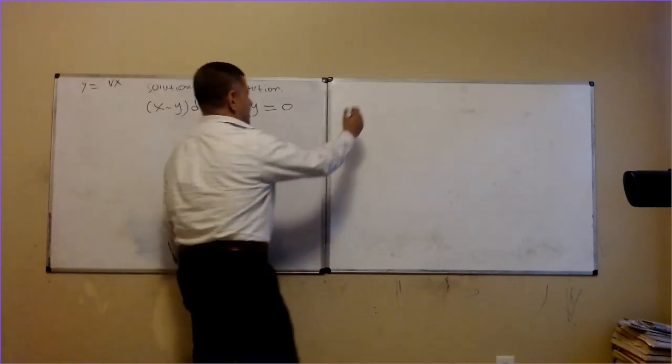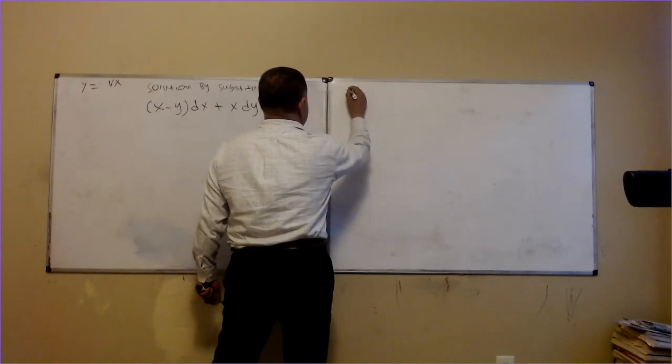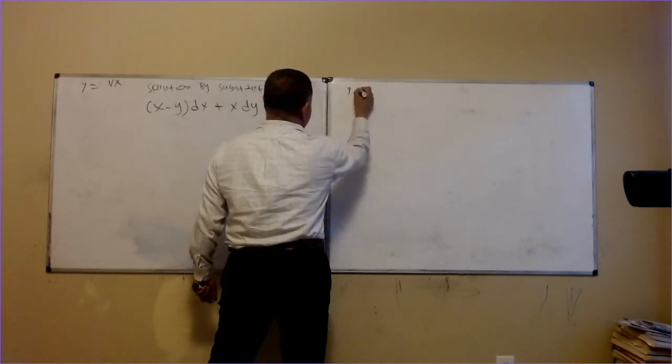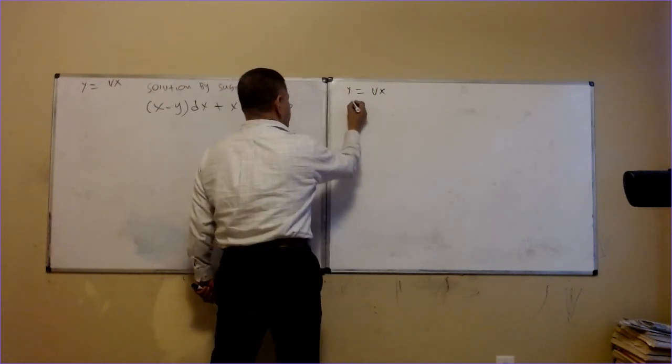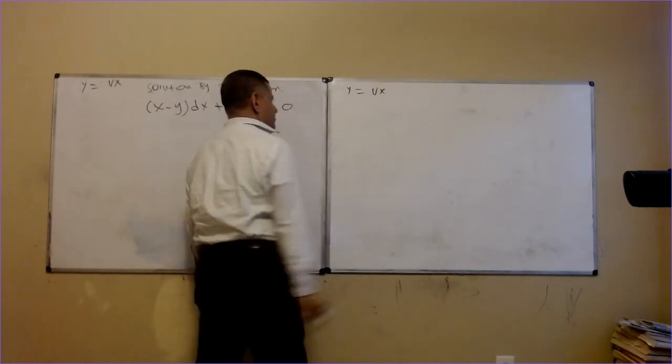So we take y equals vx, and we take the derivative of this.